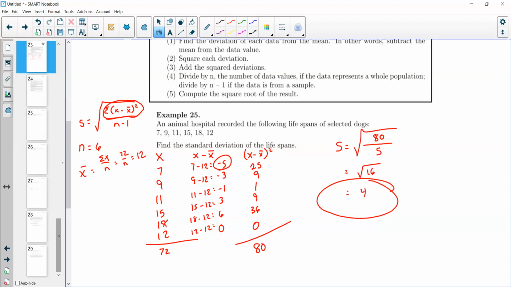But on the exam, this will be the equation you're given. Everybody got it?